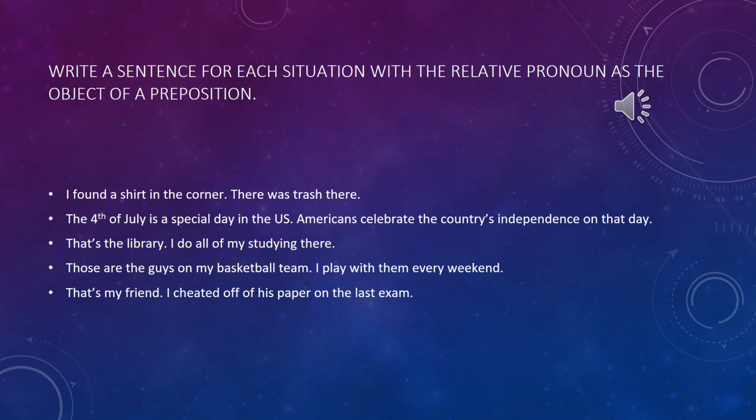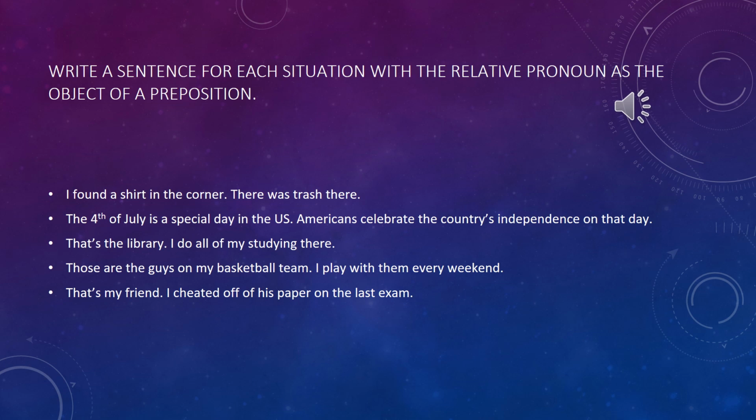Or, the 4th of July, comma, when Americans celebrate the country's independence, comma, is a special day in the United States. Or, the 4th of July, comma, on which Americans celebrate the country's independence, comma, is a special day in the United States. Oh my God, the choices.